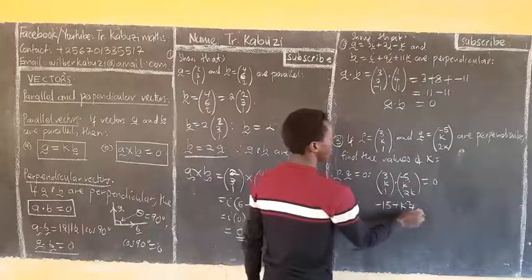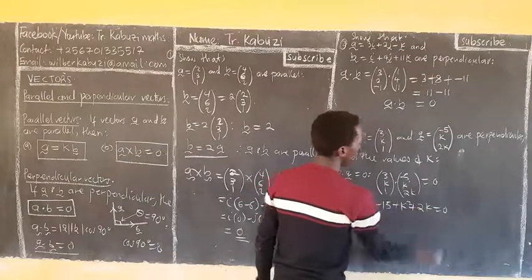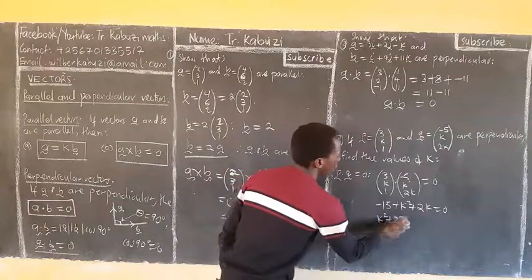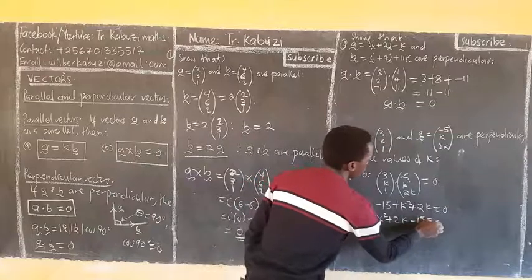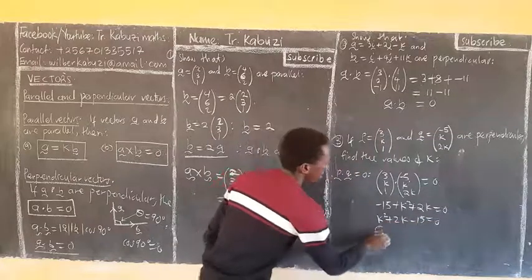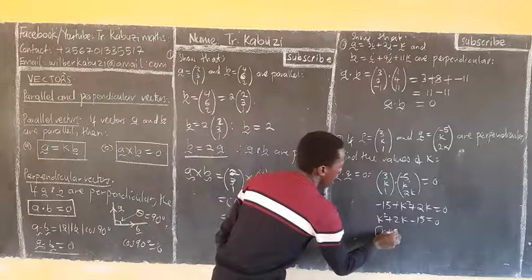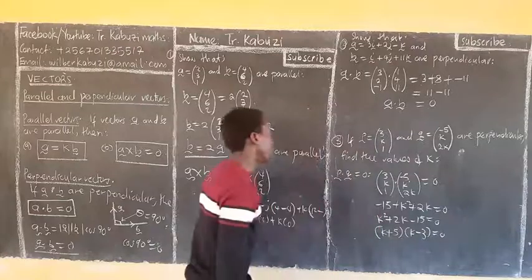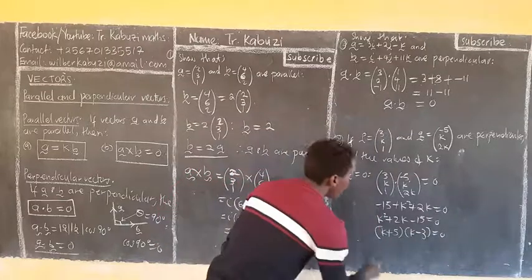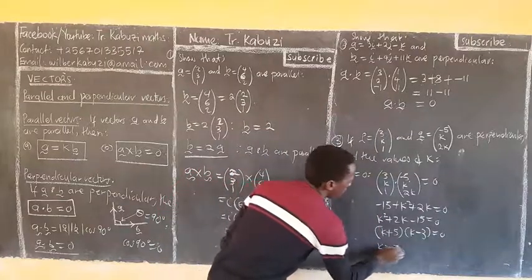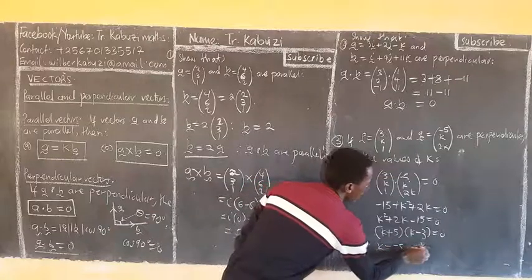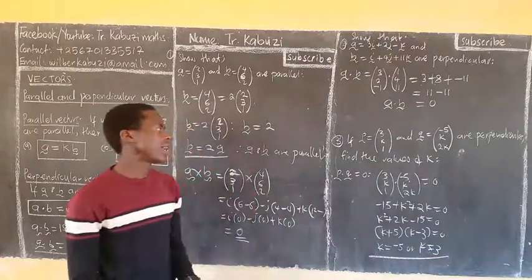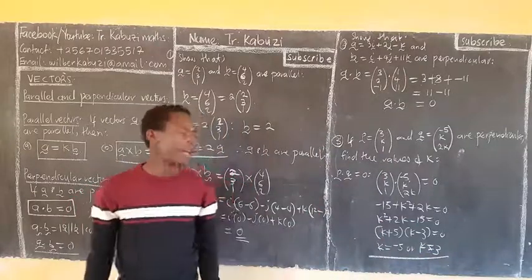Then plus 1 times this you get 2k, equals 0. Arranging it properly, I have k squared plus 2k minus 15, which is a quadratic equation, so that I can factorize it into k plus 5 times k minus 3 equals 0. So either my k is negative 5 or my k is 3. So those are the values of k if these two vectors are perpendicular.